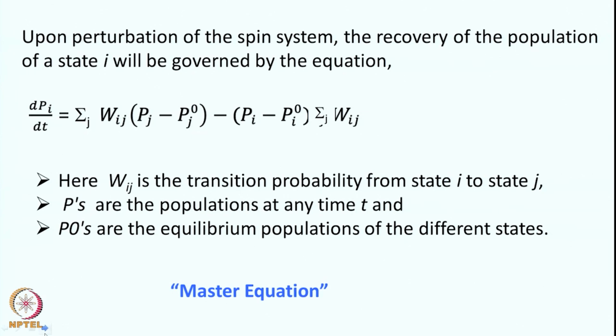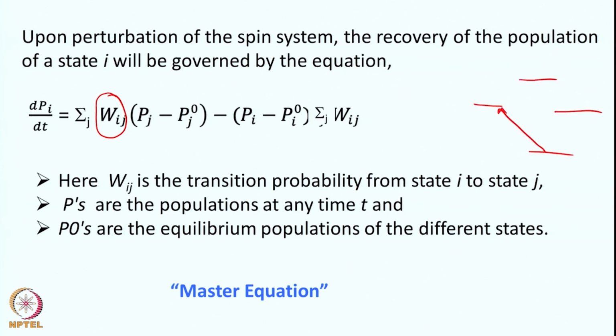I will take a little time to explain what this equation means. Here we have the rate of change of population of the ith state with time. This is governed by a few parameters. Here is the transition probability between the ith state and the jth state; again, I will draw a little diagram.